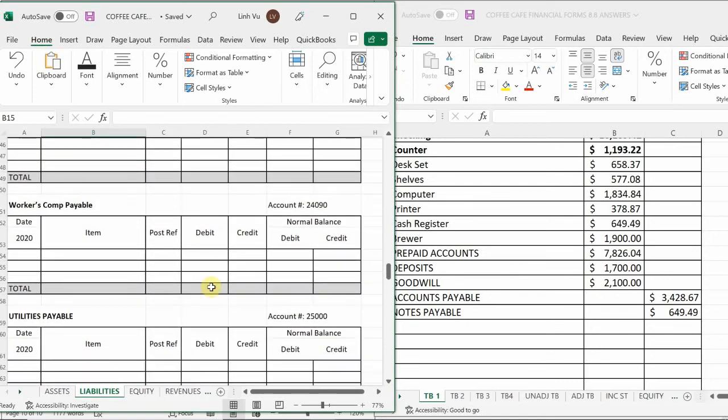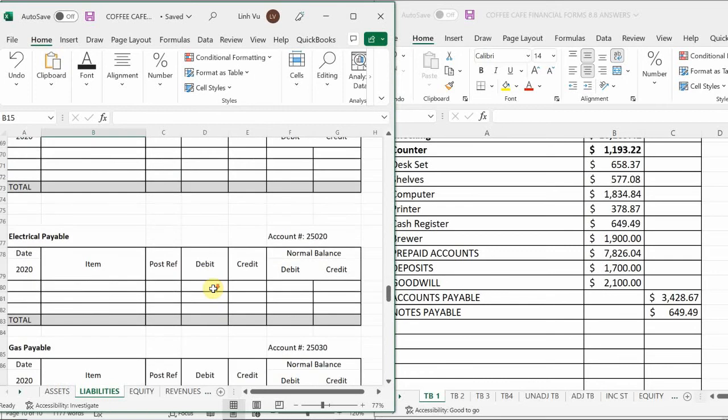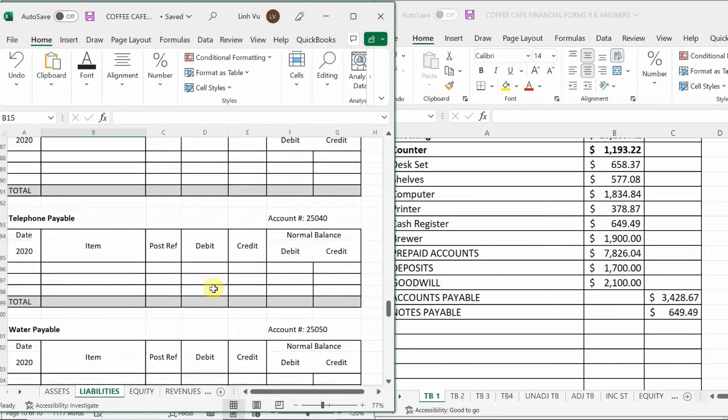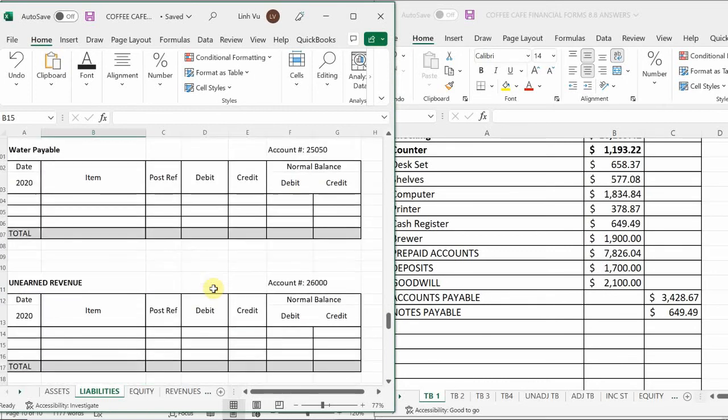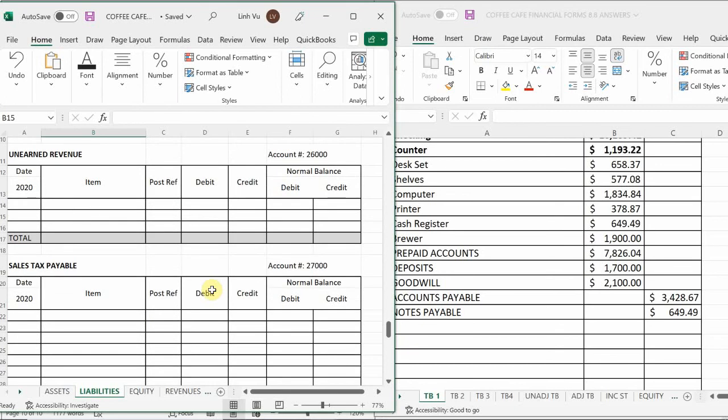Let's see. Utilities payable. Well, we haven't even received our utilities yet. We just opened up our shop. So we haven't incurred any liabilities here yet. Let's see. Unearned revenue. We still haven't opened up our store yet, so we don't have any customers paying us yet. Okay? Sales tax.